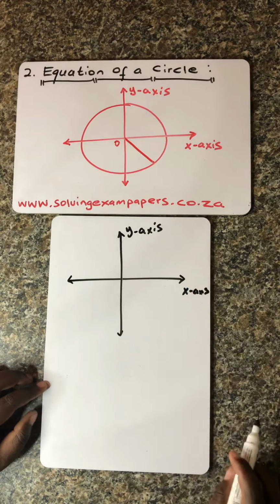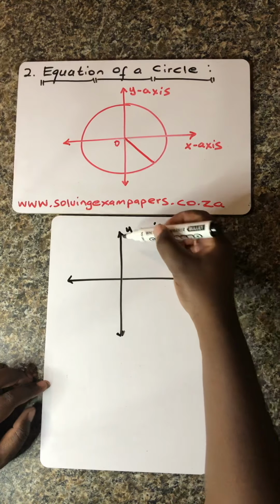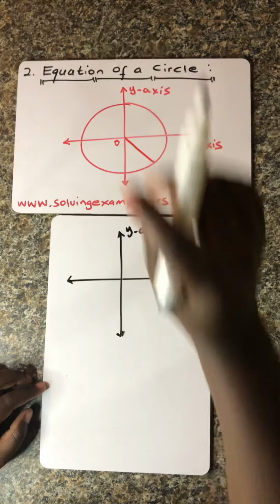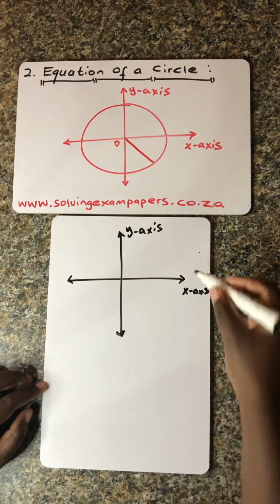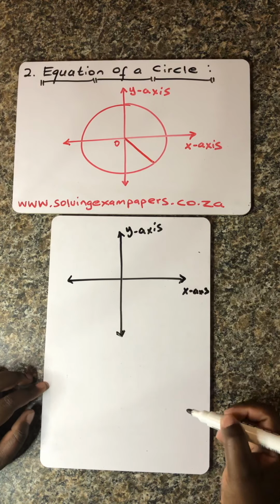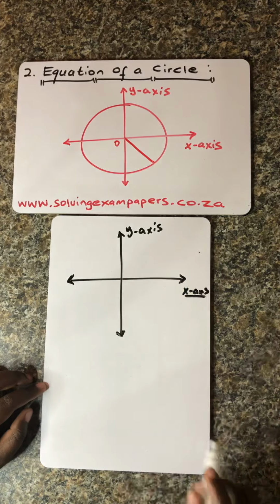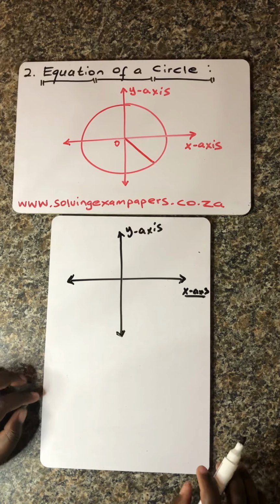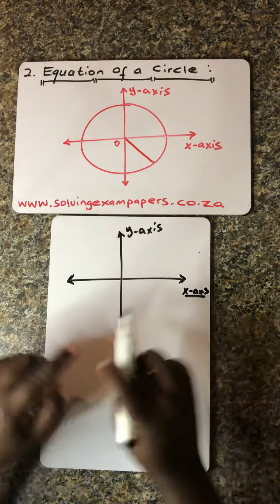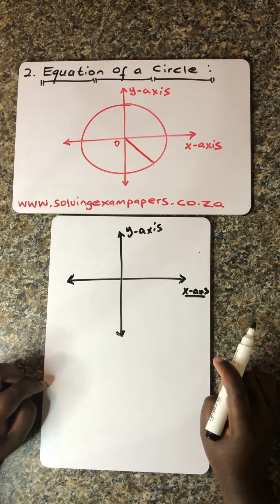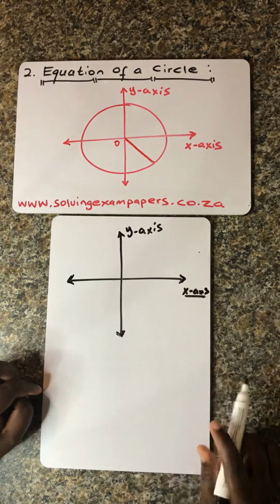These arrows indicate that this axis is not limited to that point, but continues up to infinity. The same applies in that direction, and the same applies for the horizontal axis, which is the x-axis, on this side too. So we don't necessarily need to draw a very long line, because we are only focusing on points closer to the origin.